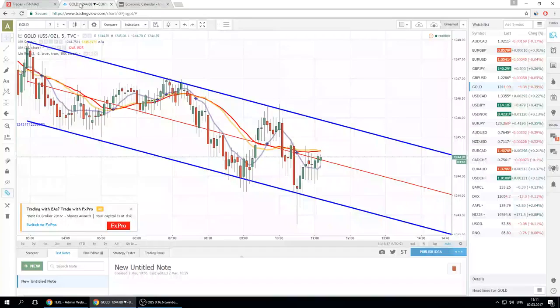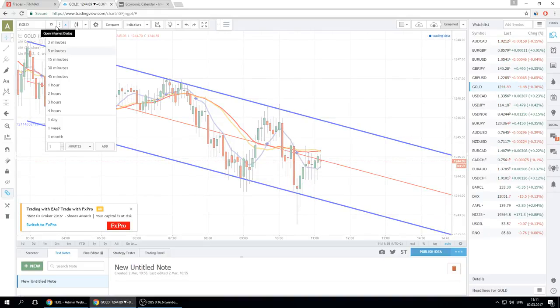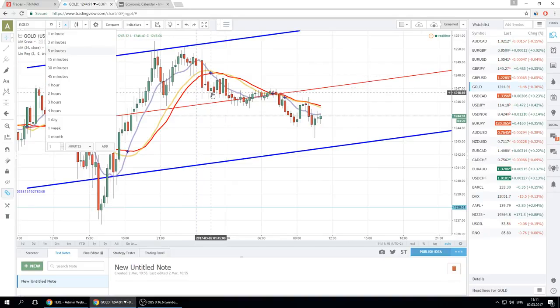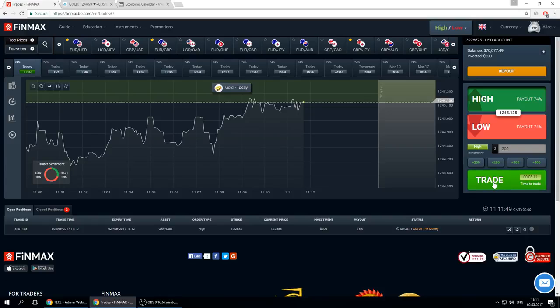Not 1, 5. Well, let's switch for longer time frames. Yes, for 15 with this expiry time, that will be good. Okay. Confirm.